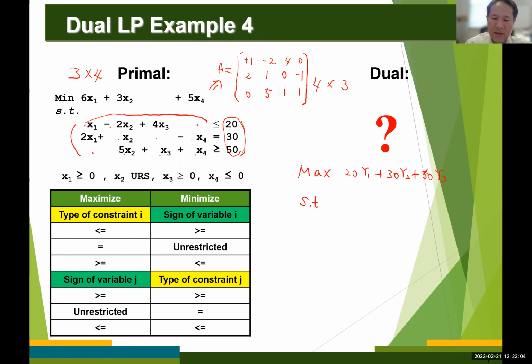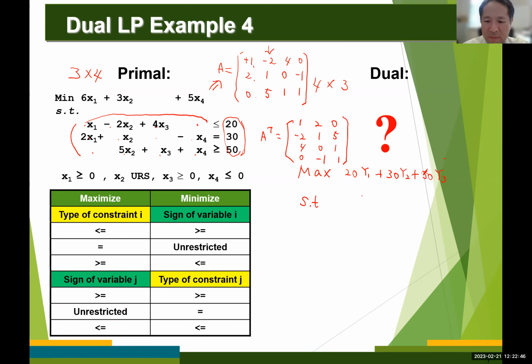Which means the constraint coefficient matrix for the dual system is going to be the transpose matrix, right? So the first column becomes the first row. So it's going to be 1, 2, 0. Likewise, the second column becomes the second row, right? So we have -2, 1, 5, and then 4, 0, 1, and 0, -1, 1. So this is going to be the constraint coefficient matrix for the dual system.